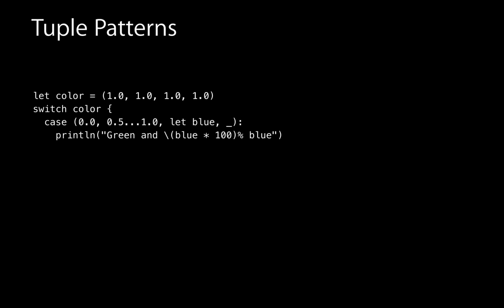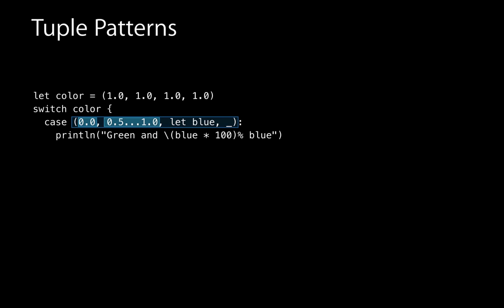We can also pattern match multiple values simultaneously using tuples. Tuples are a great way of returning multiple values from a function, or for combining related values like the components of a color. And when we do so, each element of this tuple pattern is an independent pattern. We can match red against a single value.